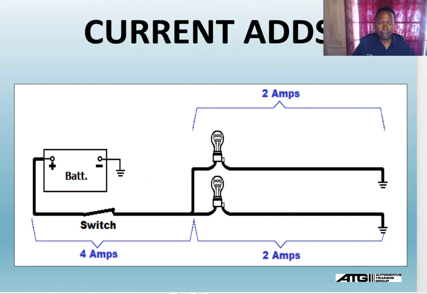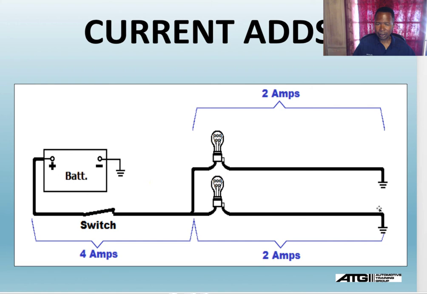And here it is showing you, as I said earlier, you add the current up. If I had 2 amps in this branch and 2 amps in this branch, the total amps that left this battery is 4. So I put an amp meter in series here, in this switch. I can also measure 4 here.